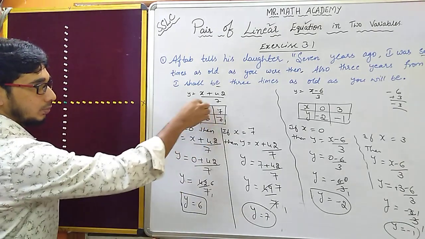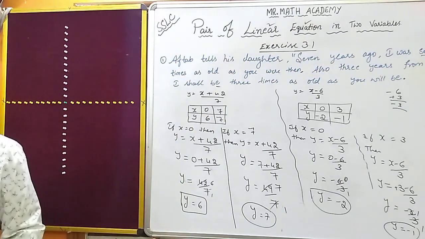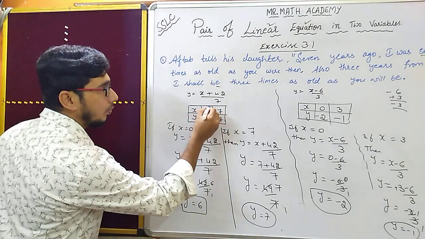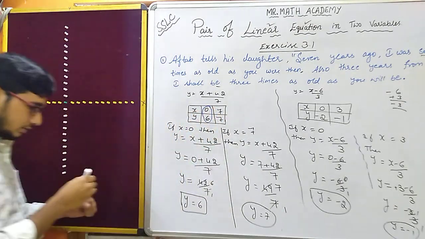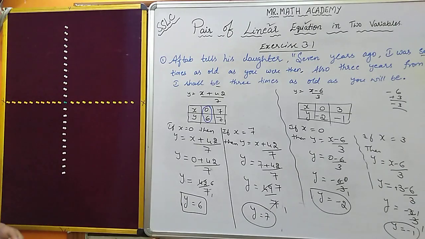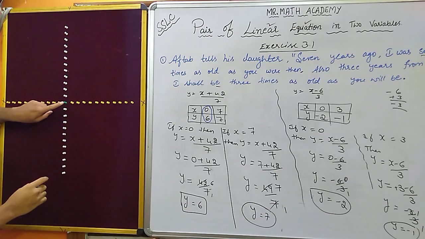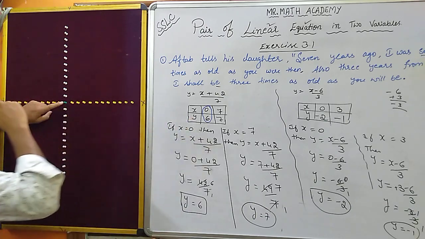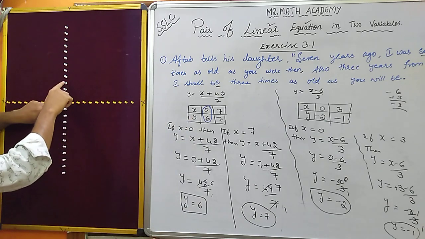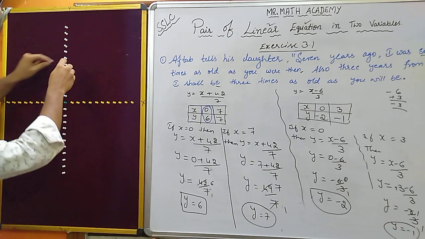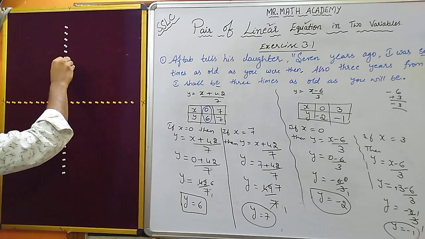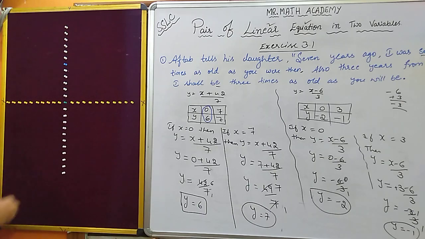We just have to think about this one. x is 0, y is 6. This is x, this is 0, y is 6, positive. 1 2 3 4 5 6. Okay, done.